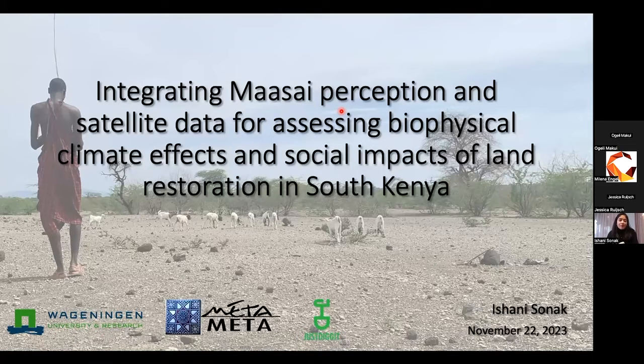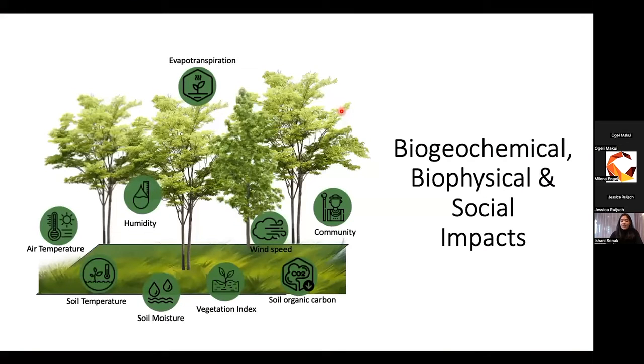For my master's thesis, Jessica and I conducted research on assessing the biophysical climate effects, or the local climate impact, and social impacts of a land restoration project in south Kenya. As Jessica introduced already, regreening or land restoration projects have many effects.